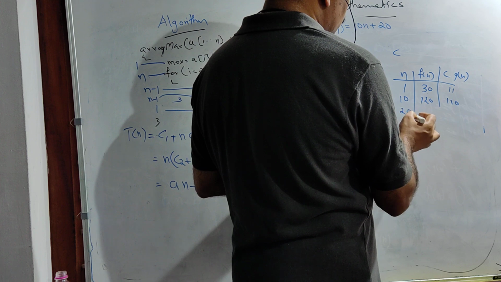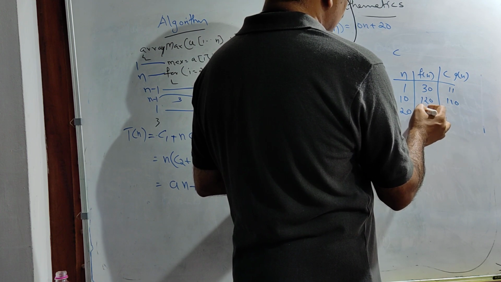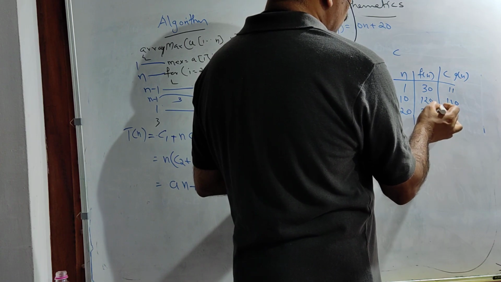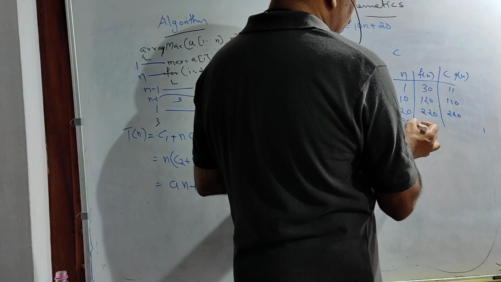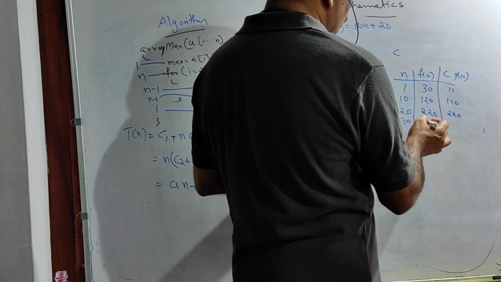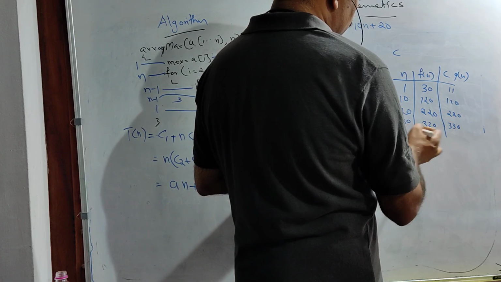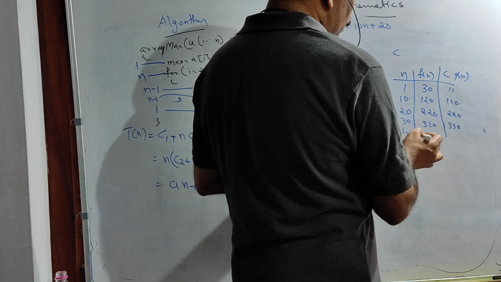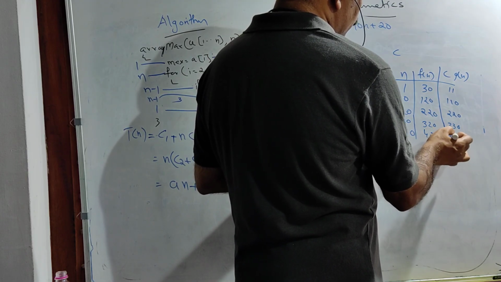When n becomes 20, f of n will be 220 and c into g of n 220. When 30, this will become 320 and c into g of n 330. When n becomes 40, this will be 420 and this will become 440.